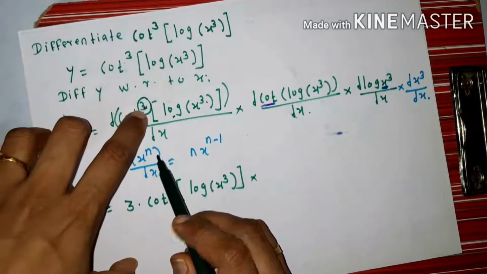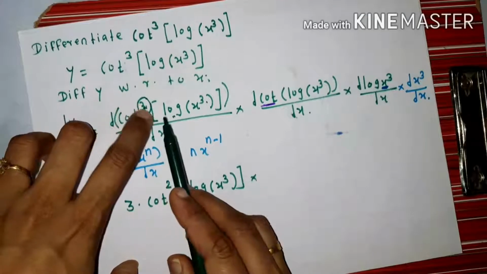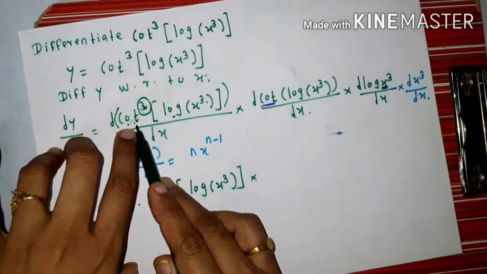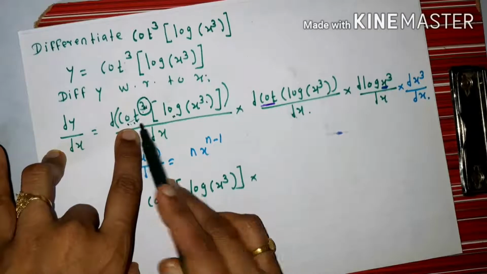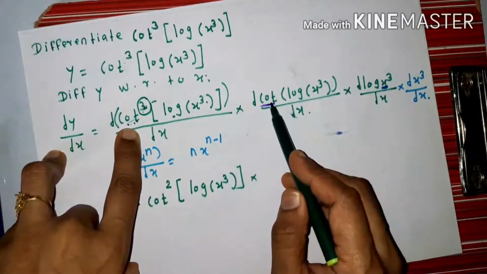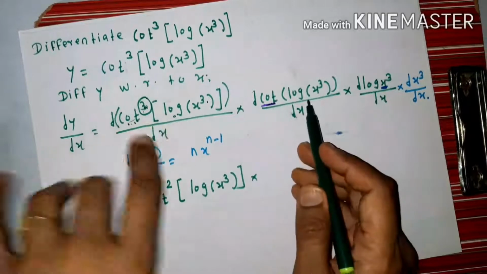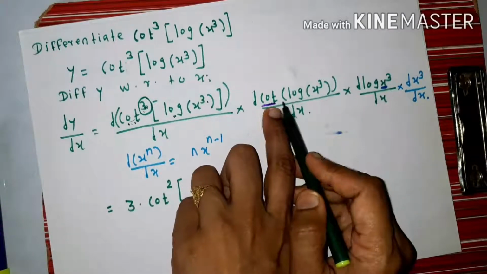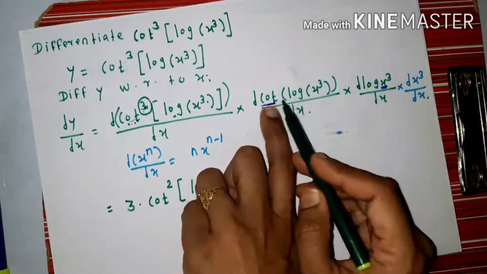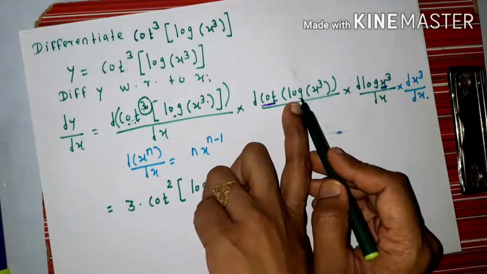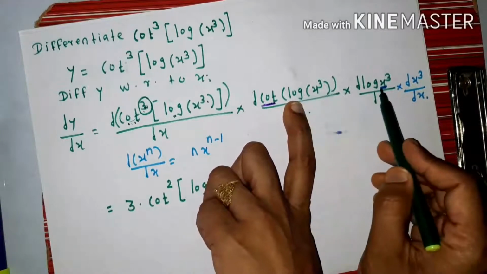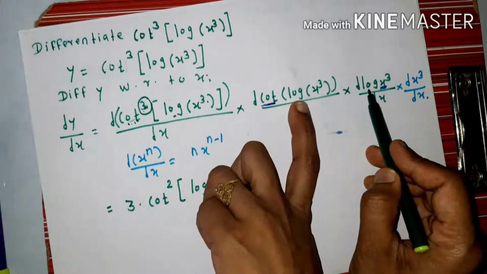Then immediate to power there is the trigonometric, that is the cot function. So here we differentiate according to the cot function. Then after cot there is the logarithmic function. Therefore we differentiate according to the logarithmic rule.